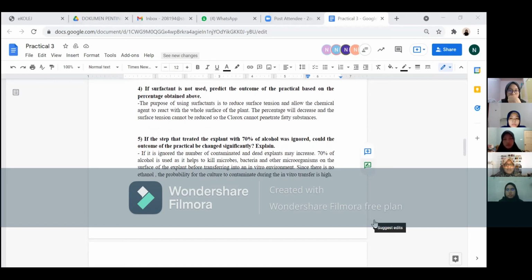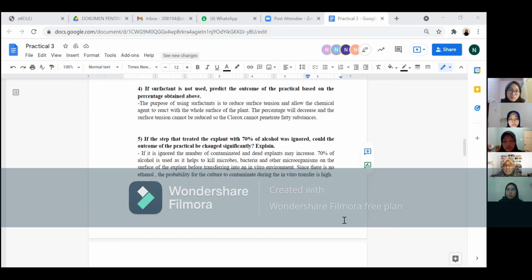If we ignore the 70% alcohol, the number of contaminated explants may increase. 70% alcohol is used to help us kill the microbes, the bacteria, and other microorganisms on the surface of the explant before we transfer it into an in vitro environment.